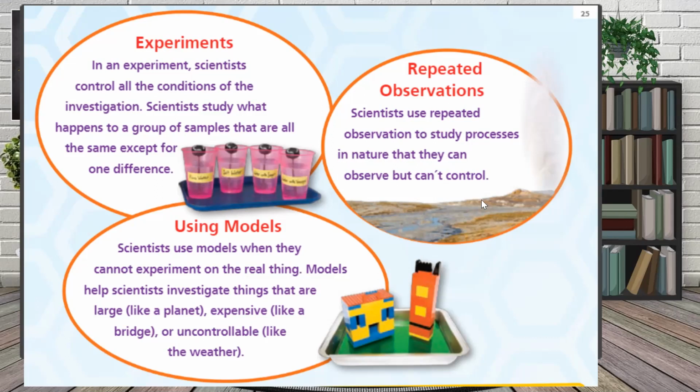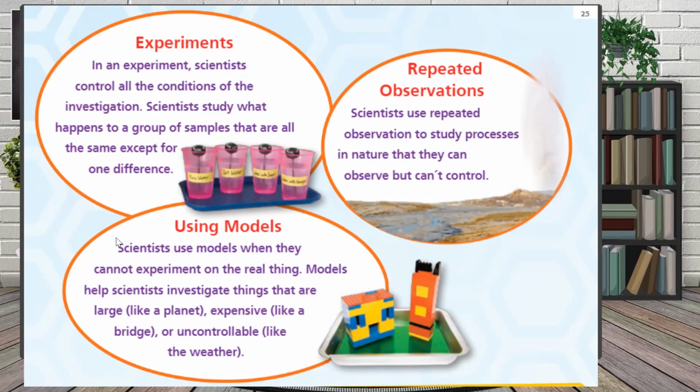Excellent. Next class, I'm going to ask you, what is a repeated observation? So you will tell me to study processes in nature that we can observe but cannot control, so we could know what's happening. Excellent. Using models, why do scientists use models?